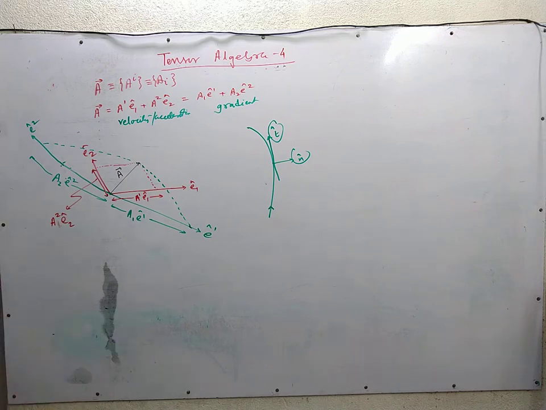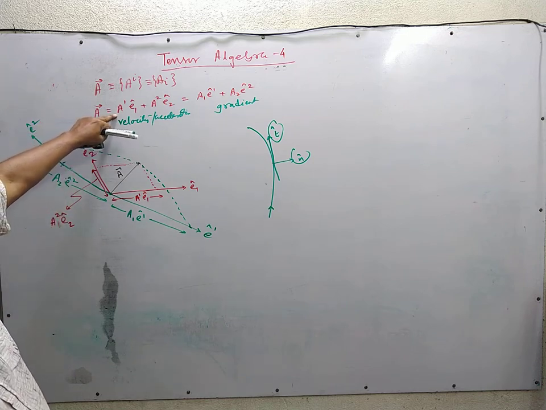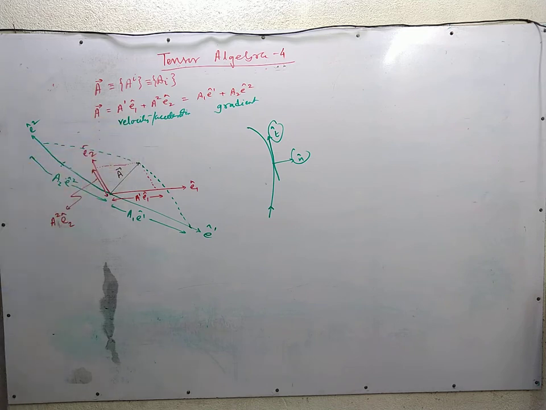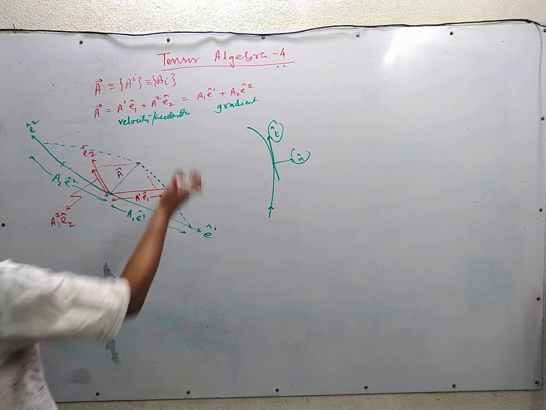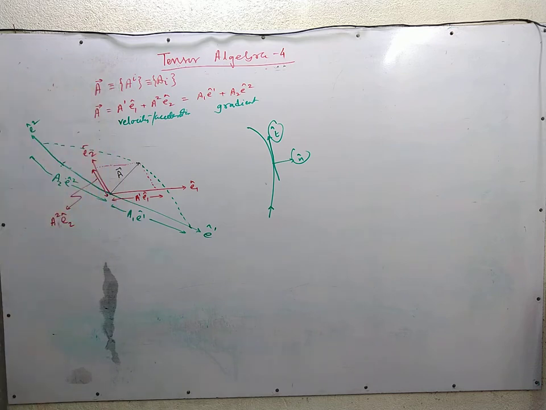So the same vector A, when expressed in terms of tangent vectors, we speak of contravariant components. And when the same vector is expressed in terms of normal basis vectors, we speak of covariant components.